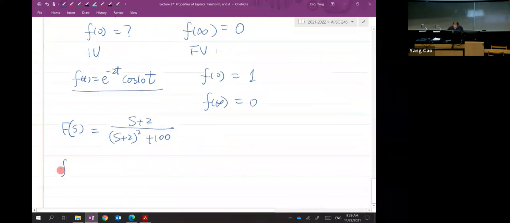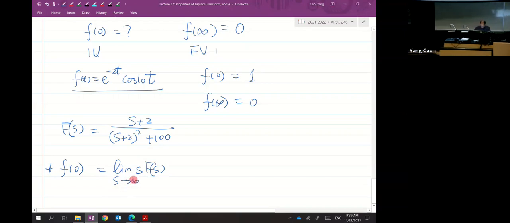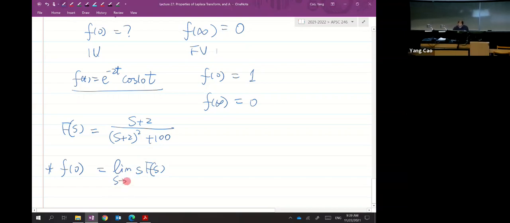And now, if I'm going to get this initial value f of 0, the first property is you can use this: limit as s goes to infinity of s times F of s. You can get exactly the same f of 0 by operating on s times F of s, but s has to go to infinity.